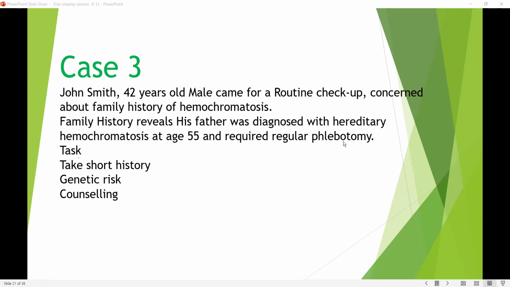Before I tell you about hemochromatosis, do you know what it is? What's your understanding? I don't know much about it, doctor. Okay, so hemochromatosis is basically a disease of the liver, and like you mentioned, it is hereditary. It's a genetic condition where your body absorbs too much iron, and then it starts to build up in your organs like the liver, the heart and the joints.